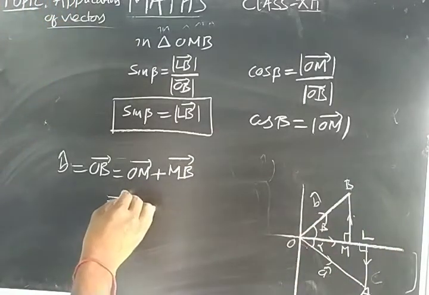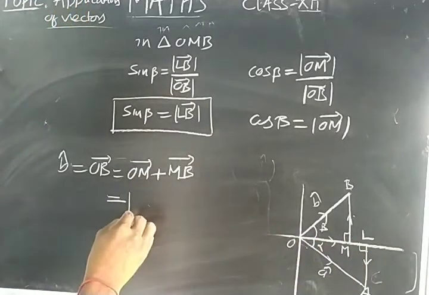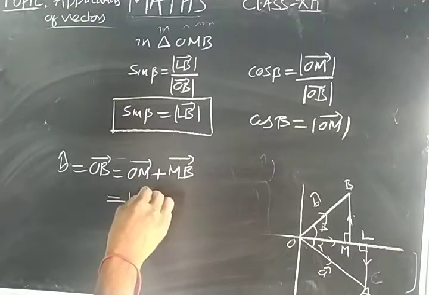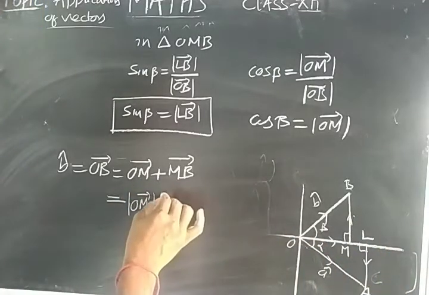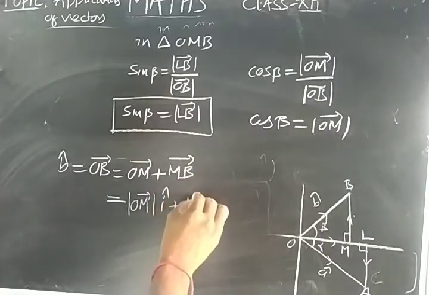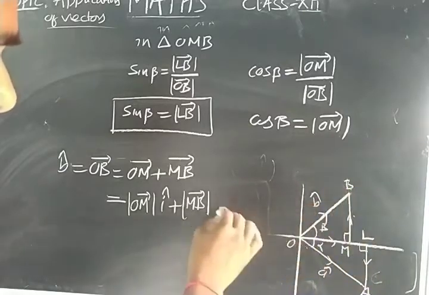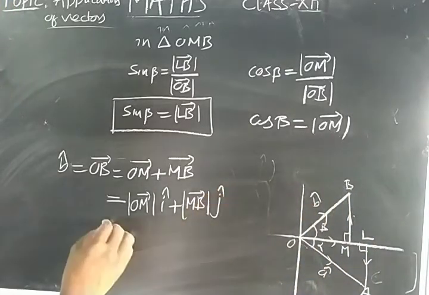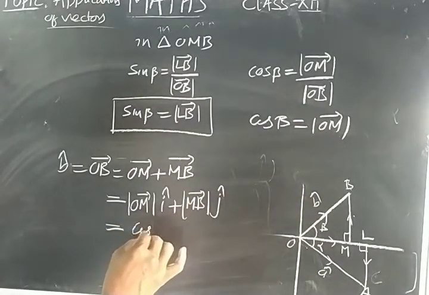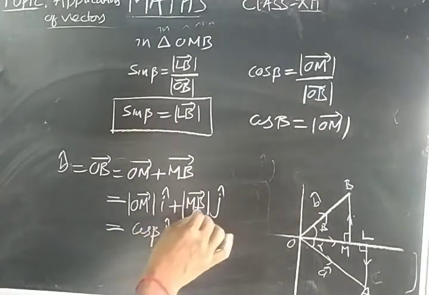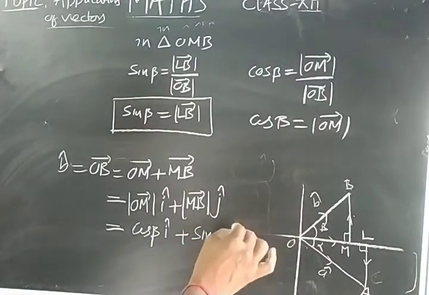OM vector means modulus of OM vector and its direction along the x-axis, so I cap. Next, MB vector means modulus of MB vector, magnitude, and its direction along the y-axis, so j cap. OM vector's modulus is cos beta I cap, and MB is sin beta j cap. So this is B cap.